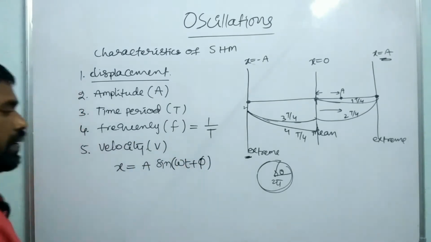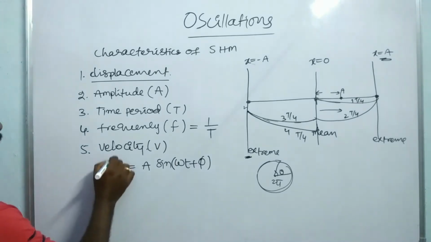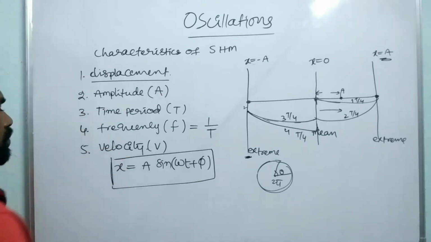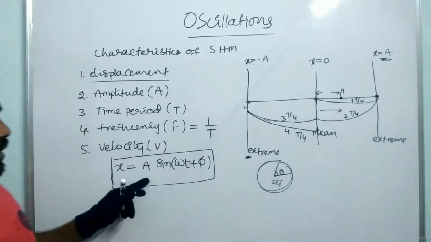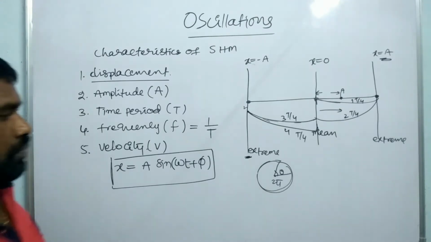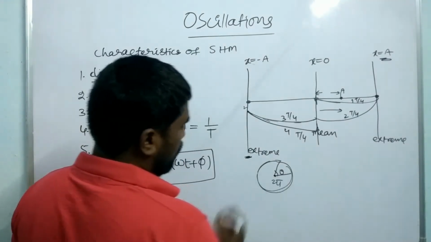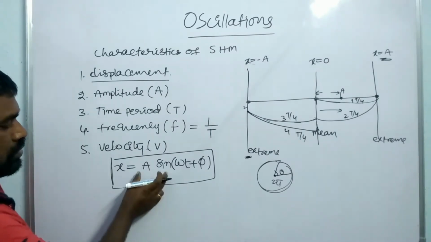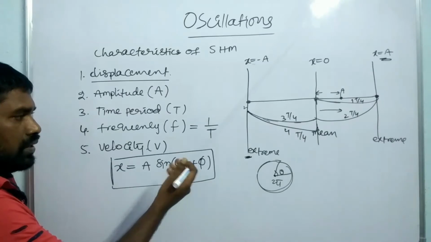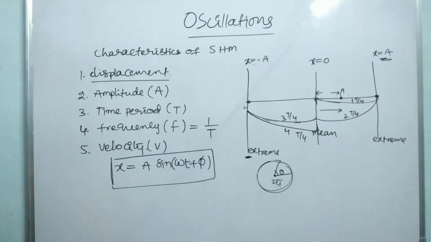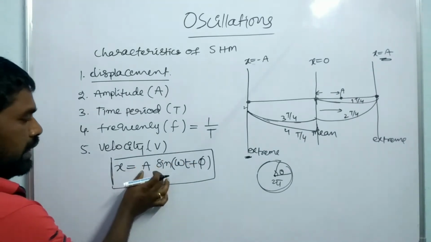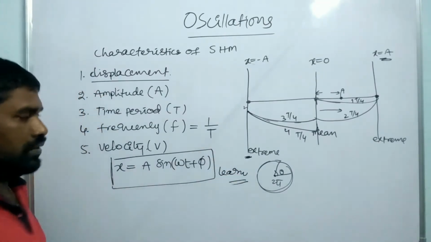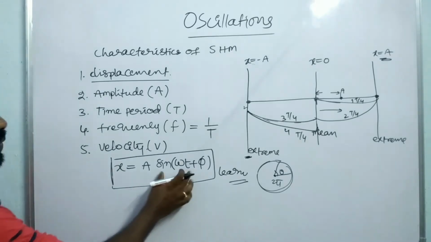This is the basic displacement equation of the SHM particle. It can be found from the projection of the particle in uniform circular motion. We have to derive this one, and we will explain it in our next video. So don't confuse, x is equal to A sin(omega t plus phi). You must learn it.